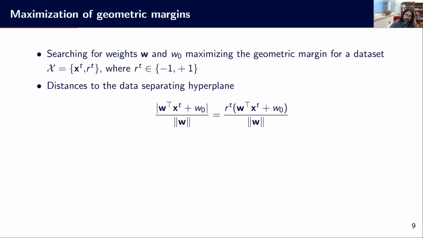And if we look at this, to get the absolute value, knowing that we have a model that is correctly classifying our data, the sign of H and the sign of R should be the same. So if we have a positive R equal to +1, H should be positive also, so +1 times positive H stays positive.